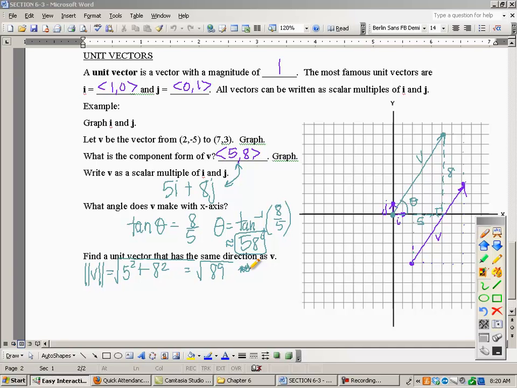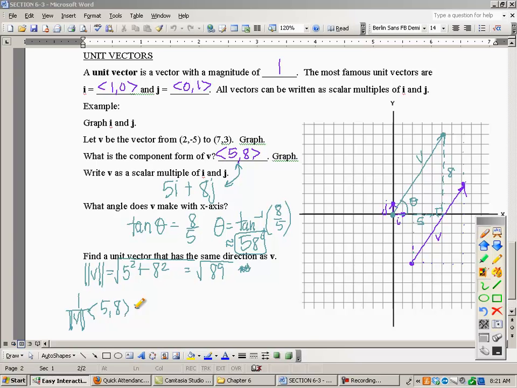I'm going to show you two ways to write this unit vector, in exact form and in decimal form. If I know my original magnitude is the square root of 89, and I want a unit vector, then I'm going to divide each component by the magnitude. We don't necessarily like to divide quantities in a vector, so we multiply by the reciprocal.